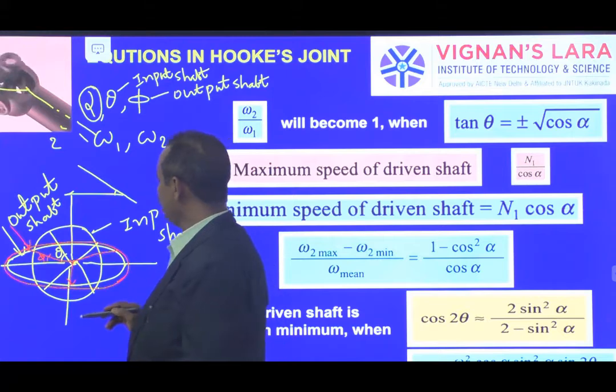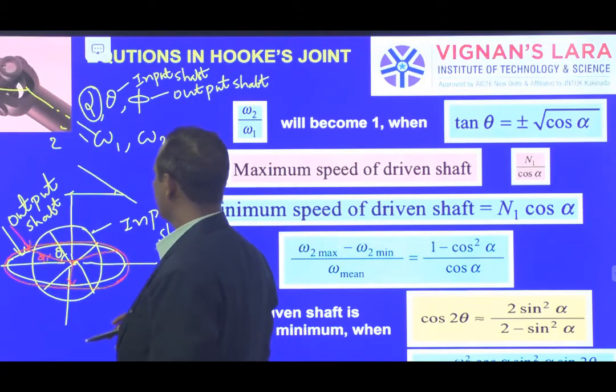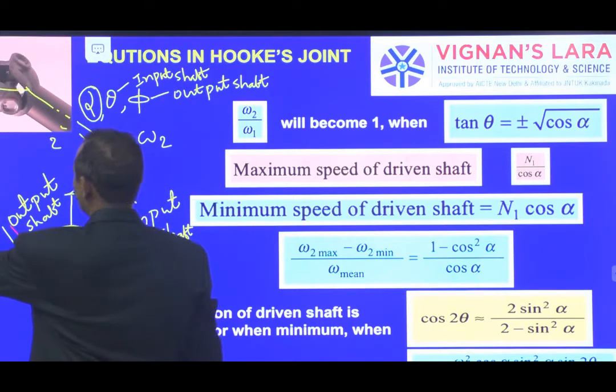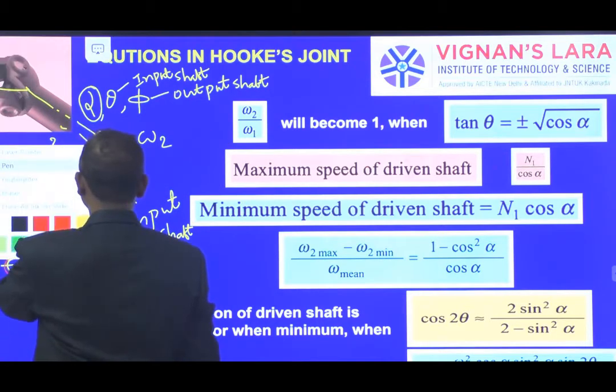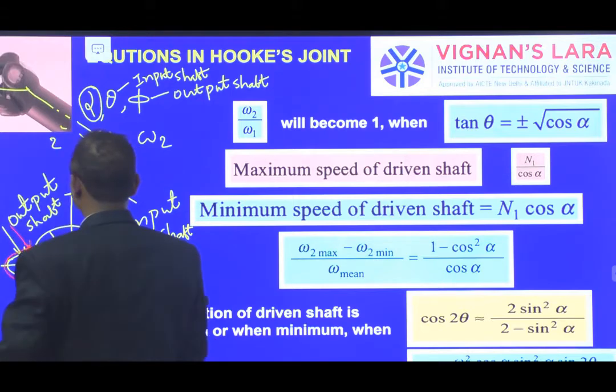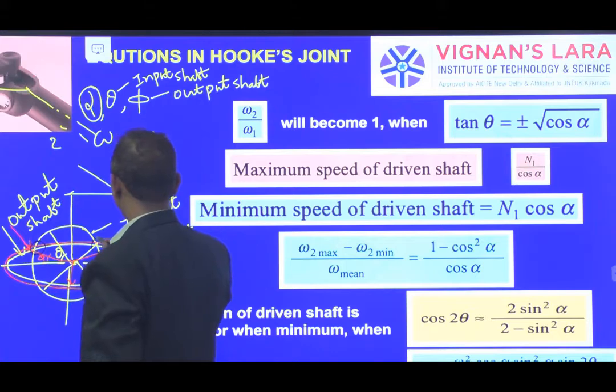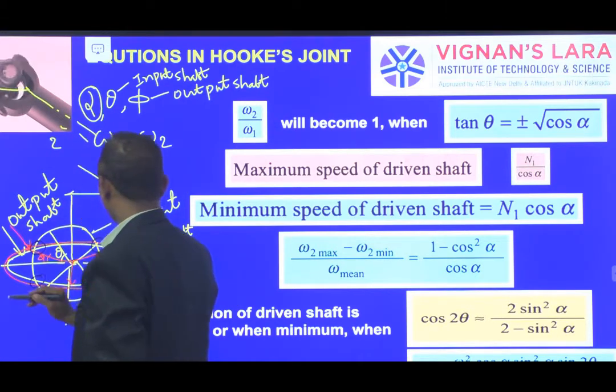You can see at 4 locations, the driver shaft and driven shaft will have the same speed. Those points are 1, 2, 3, 4.